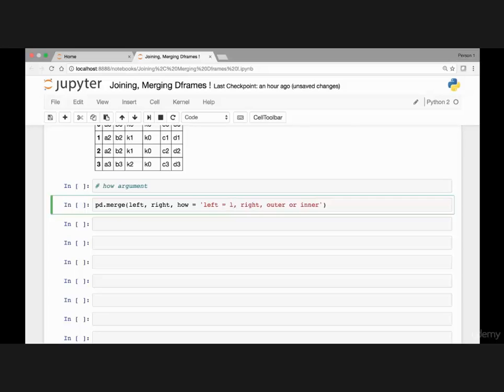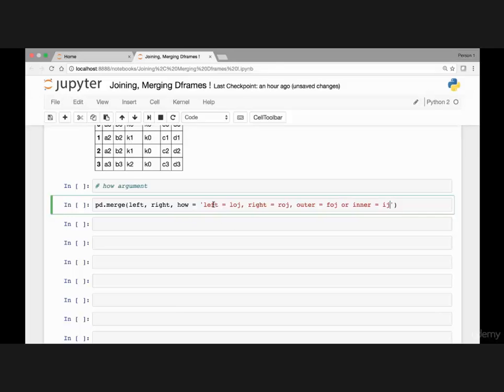So this is left outer join, and right is similar to right outer join. Outer is similar to full outer join, and this inner is similar to inner join in SQL joins.